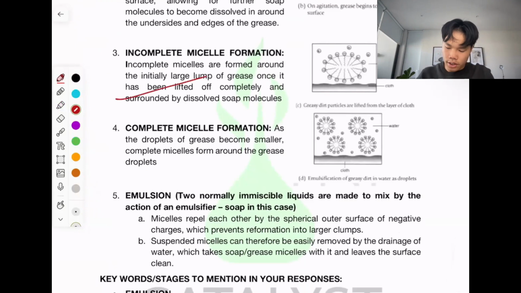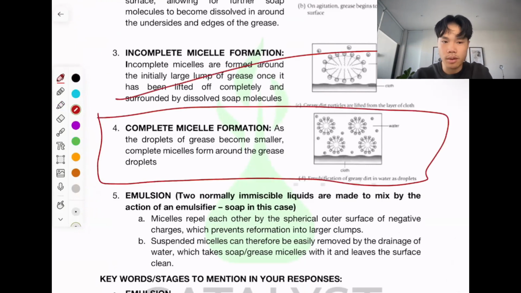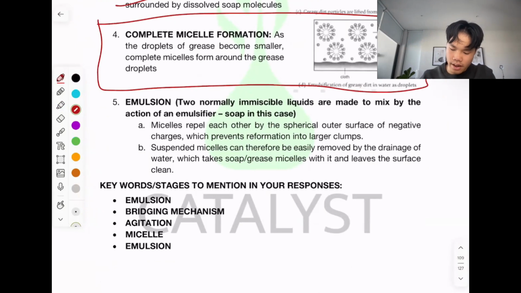I would just skip the incomplete micelle and just talk about this. Say eventually complete micelle formation occurs, where the droplets of grease are completely surrounded by soap molecules. And these micelles allow for the formation of an emulsion, which is when two normally immiscible liquids are made to mix.